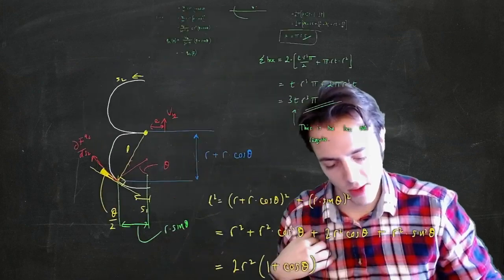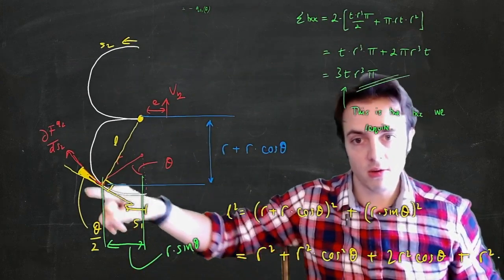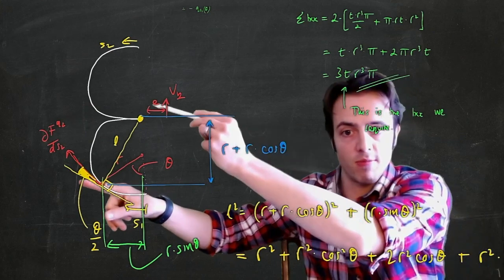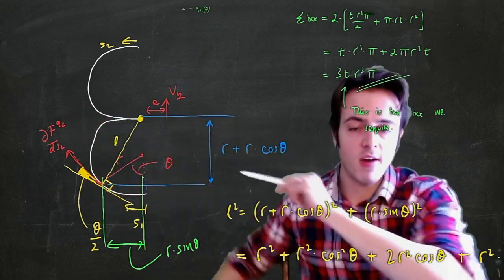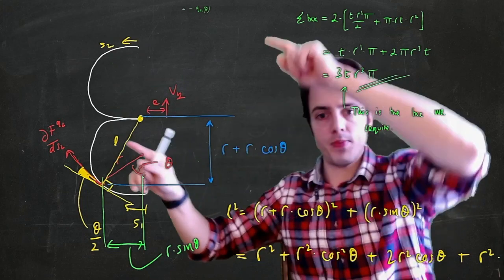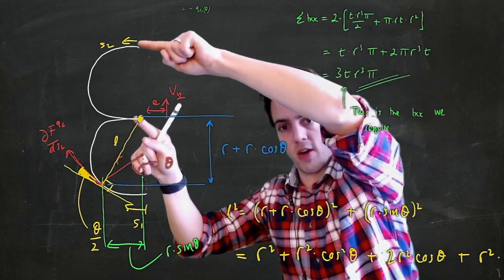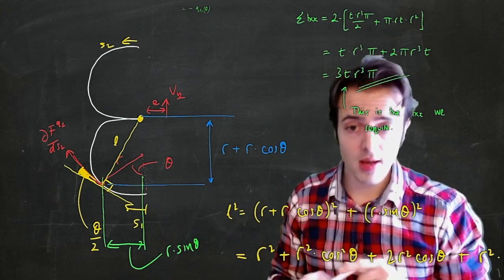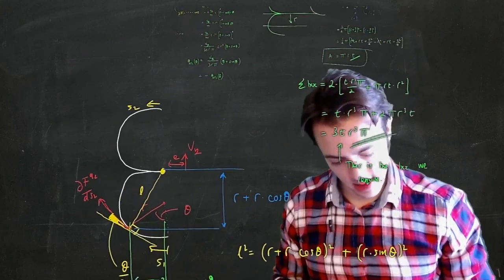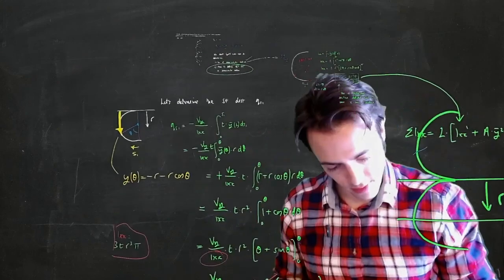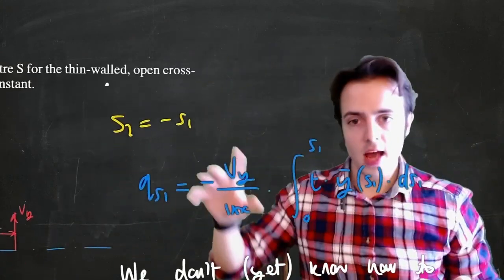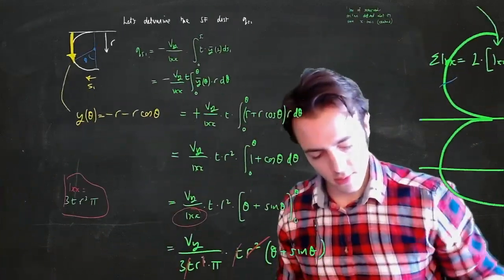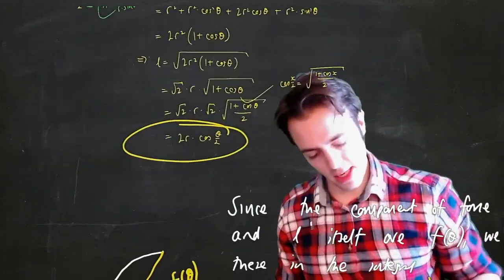And why we double them is because S1 is defined along this way, so S1 is going to produce a force that's producing a positive moment here, as we've defined it. S2 is defined along this way, so S2 will produce a moment in the other direction, but because of symmetry, S2 is equal to minus S1, so the two moment contributions are going to be equal. So we'll just double the whole thing.